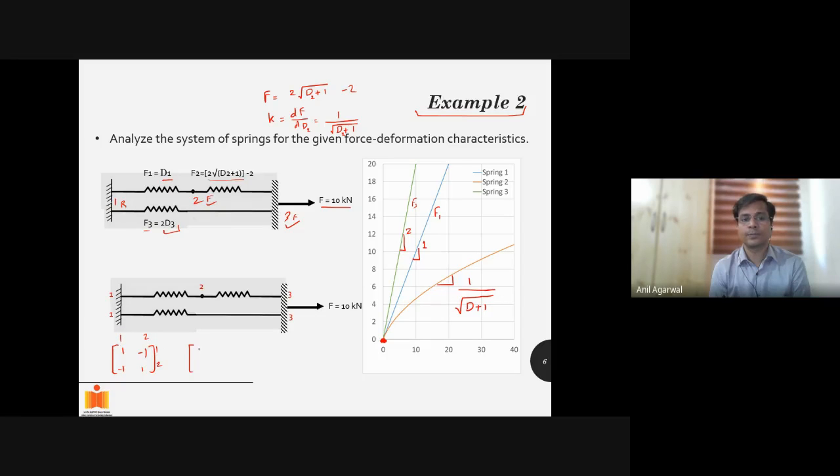For the second spring it will be 1 by square root of d2 plus 1, times 1, minus 1, minus 1, 1. Okay, for the second spring, and these degrees of freedom are 2 3 2 3. For the third spring, correct, and the degrees of freedom are 1 3 1 3. Everybody agrees with this? Now S total can be calculated from here.